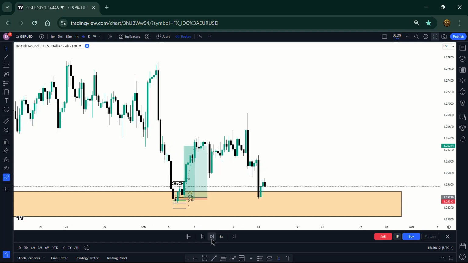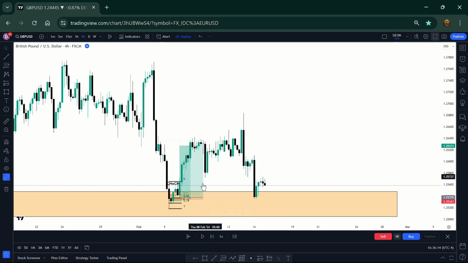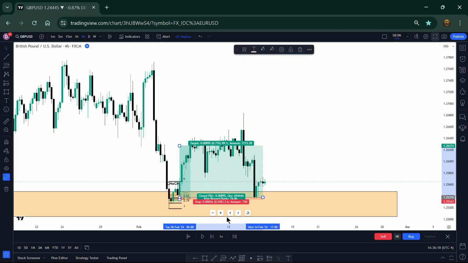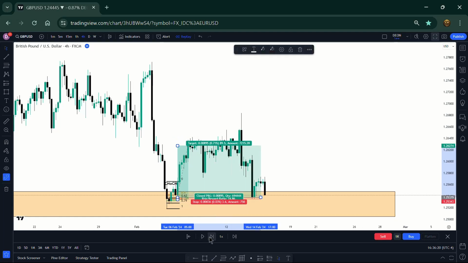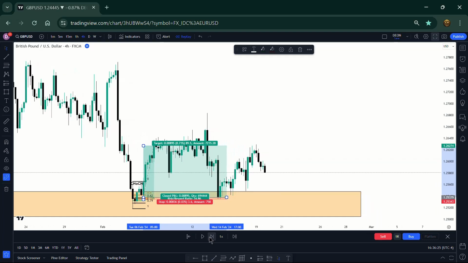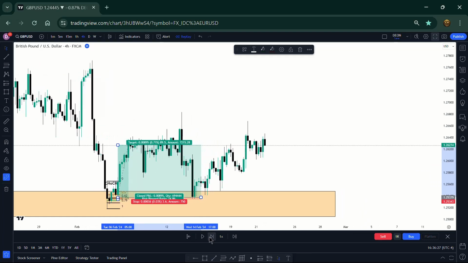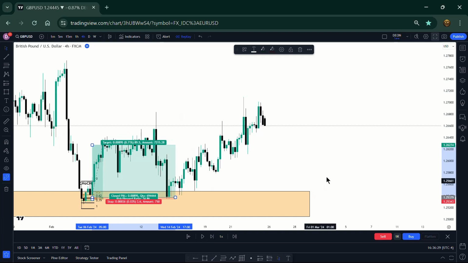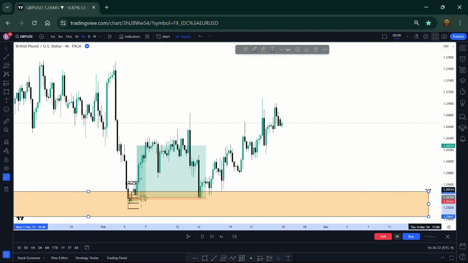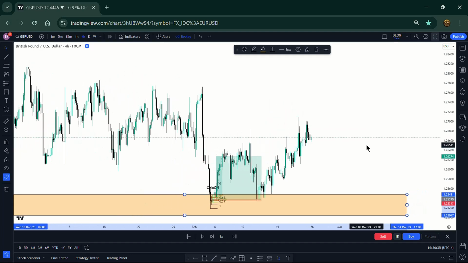Let's see if it went okay. No, it didn't go all the way. So it came down and hit, let's say, okay, not yet. It's still moving. I thought the stop loss was hit, but not yet.